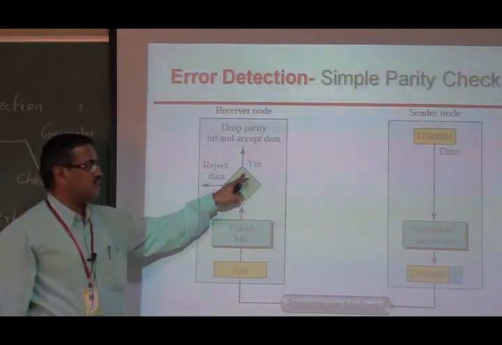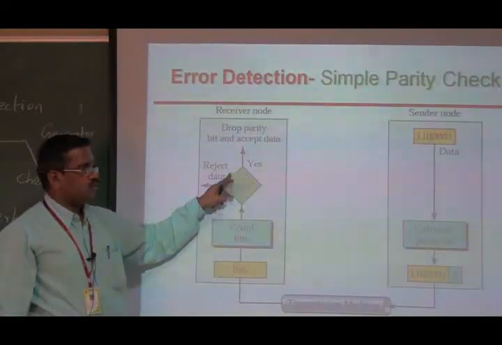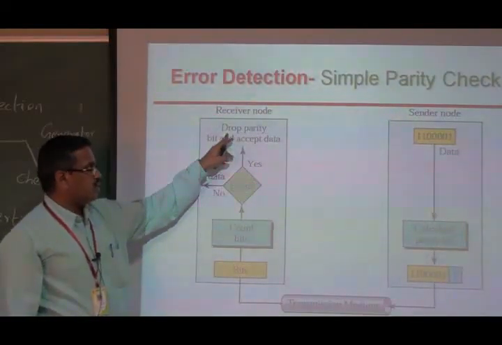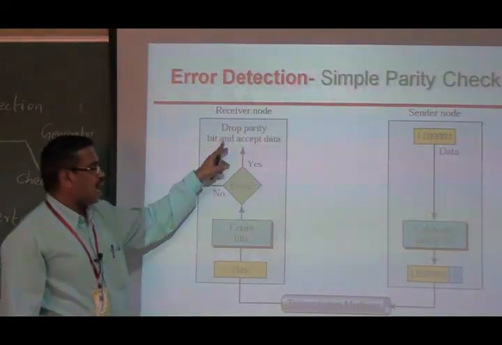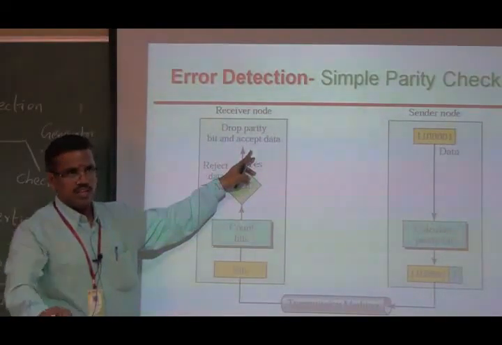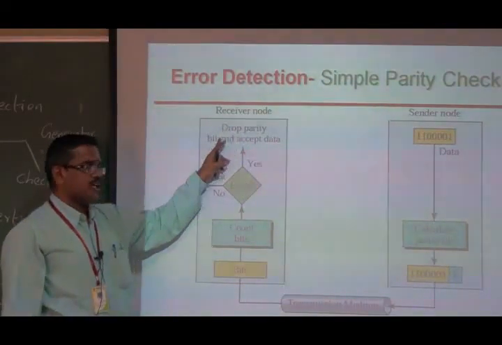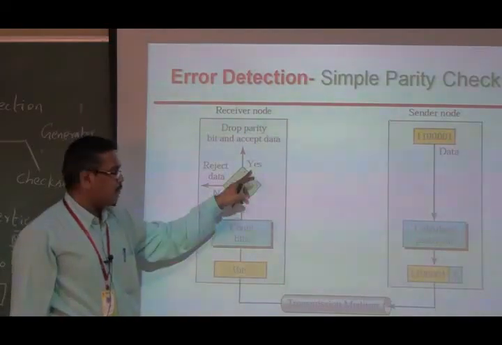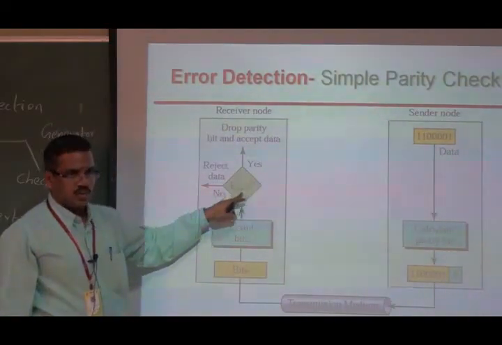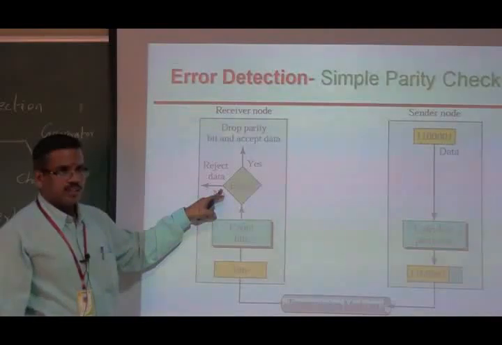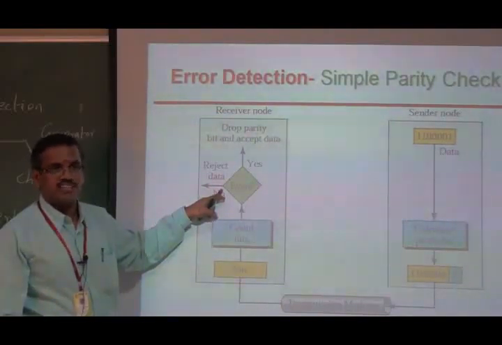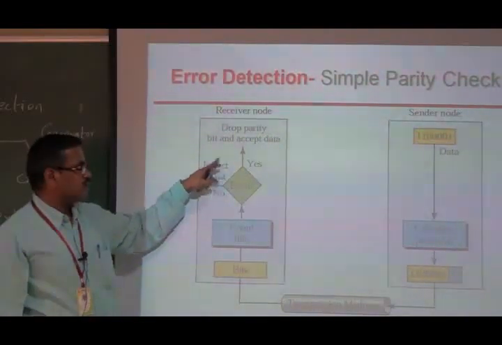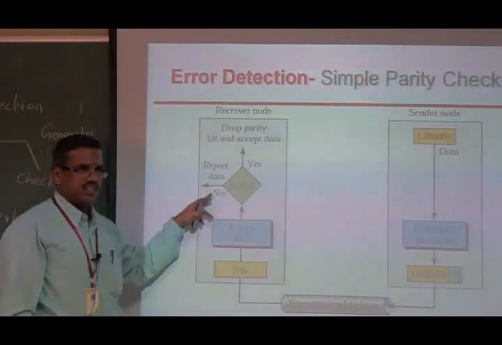So here it is checked for even. If it is even, we drop the parity bit and accept the original data. And if it is not even, the data is dropped, that is, the receiver node rejects the data.